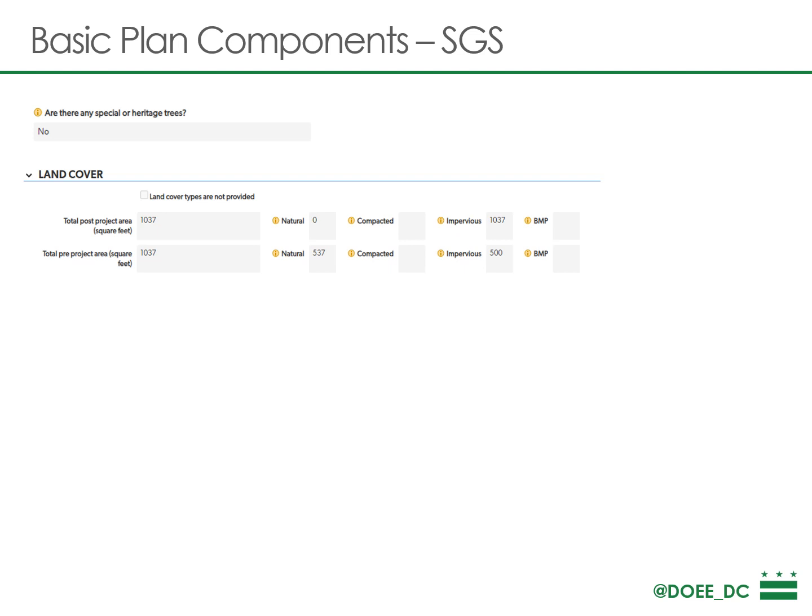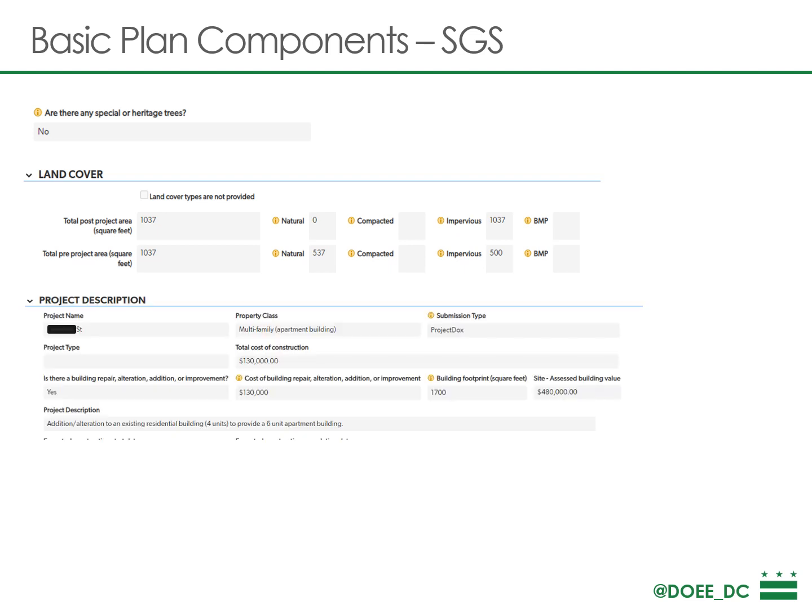So natural cover really only refers to forested areas and meadow areas that are not actively managed, that aren't landscaped. So most of the area that you think of as green space is, turf areas and landscaped areas is actually compacted cover.